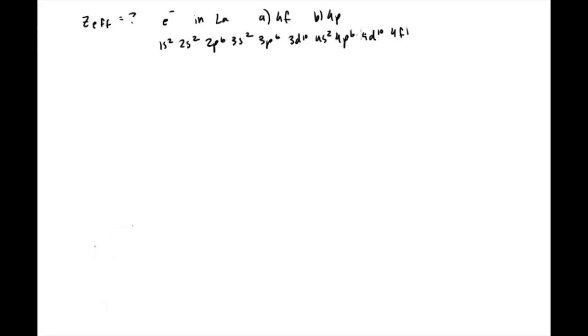For the first part, we're figuring out the shielding constant specifically for the 4f electron here. And so we actually know that from Slater's rule, the electrons in the same group will have a contribution of 0.35, but everything else that is in a different group or in a lower energy will actually just have a contribution of 1. And so we can actually just add all of the electrons leading up to lanthanum.